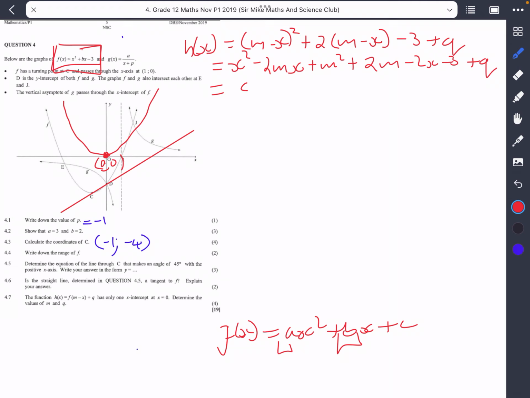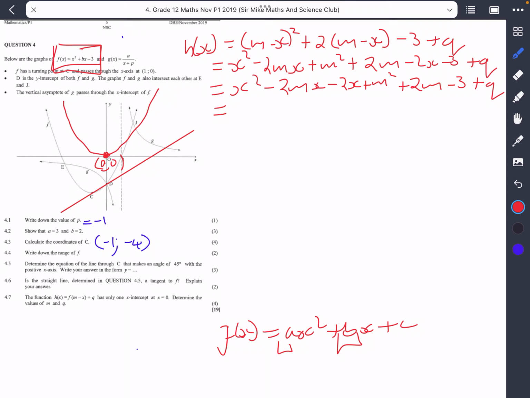So in this case, I would have x squared minus 2mx minus 2x plus m squared plus 2m minus 3 plus q.